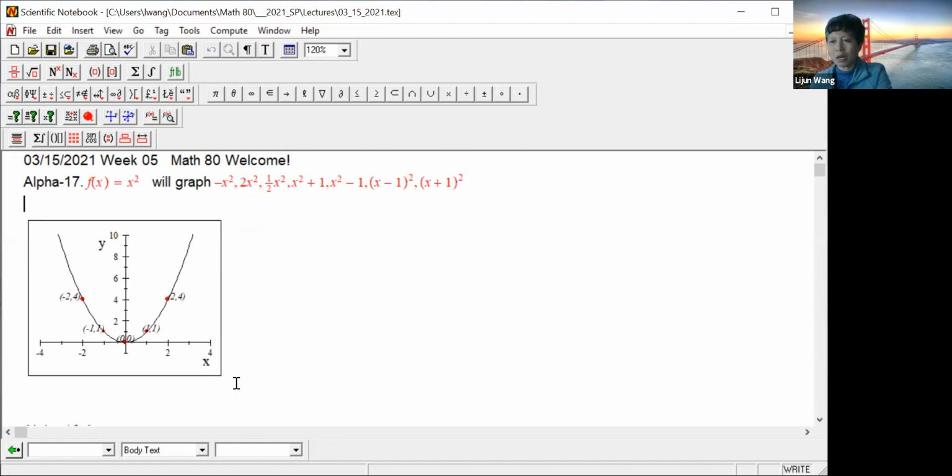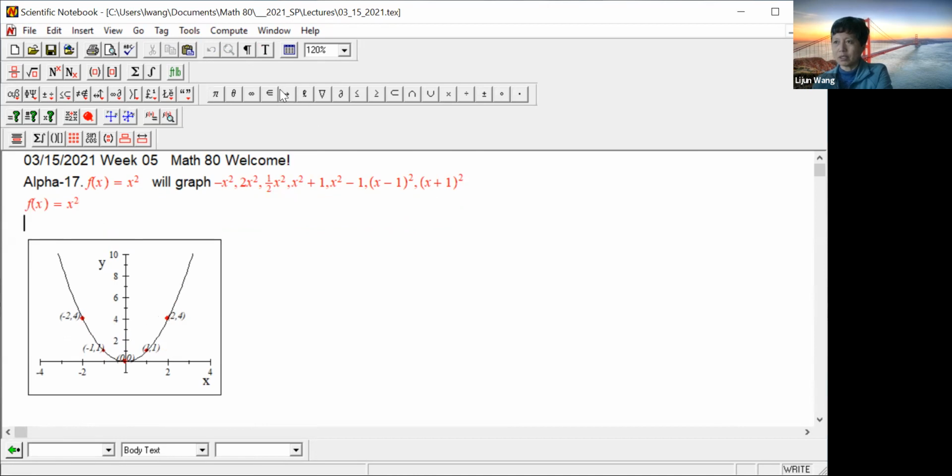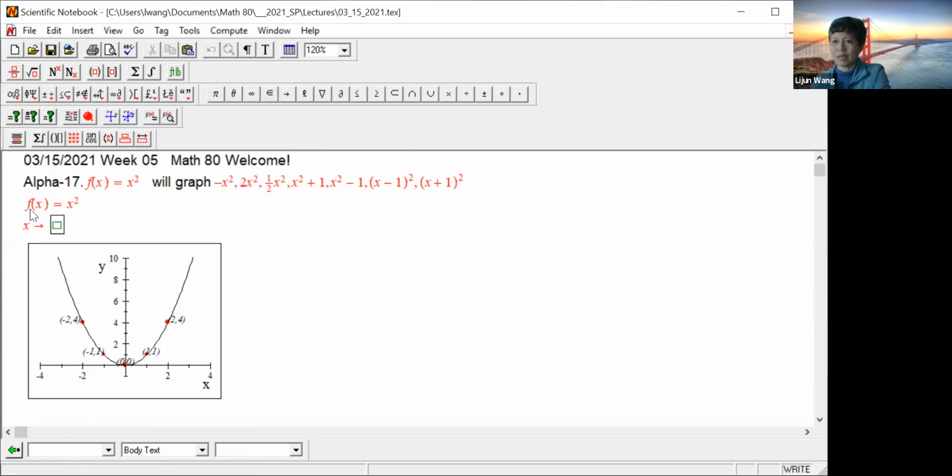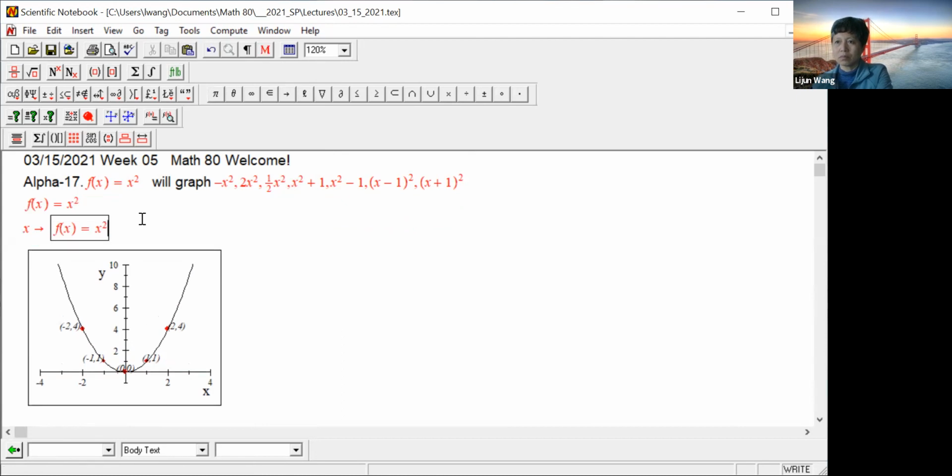Do we still remember how we did it? We see this as a function, and this function takes the input. The rule of this function is that the moment you take the input, you multiply it by itself, you get the output.